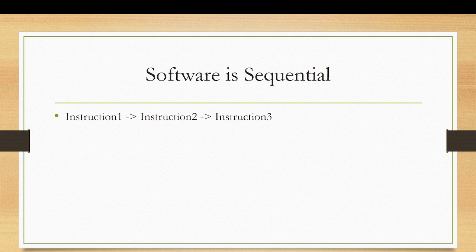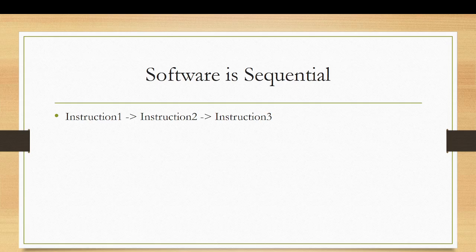Let's understand software first. Imagine you are solving a math problem. Problem 1, then problem 2, then problem 3. You cannot solve all three using the same brain at the exact same instant. You go step by step, one after another. Software behaves exactly like that.